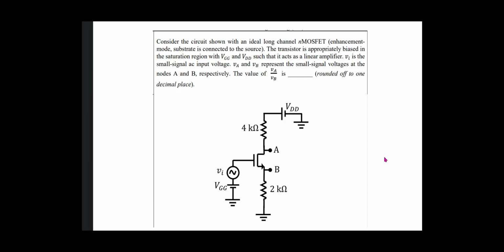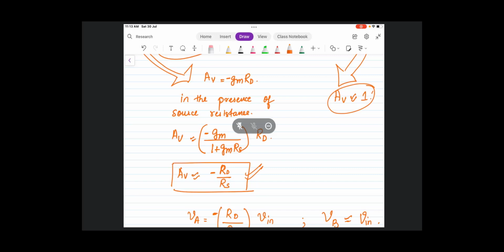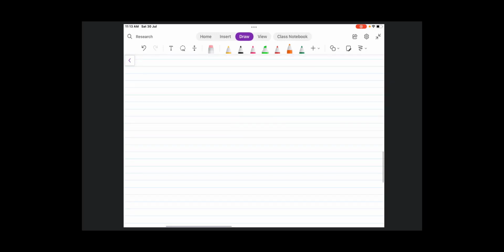So now I will come to the small signal model, and we will see how we arrive at the equation we used. Okay, so let's go back. This was the MOSFET configuration that we used, right?